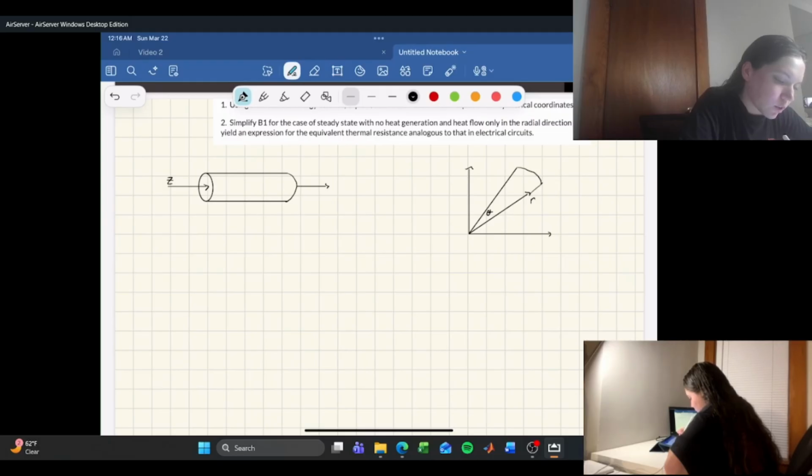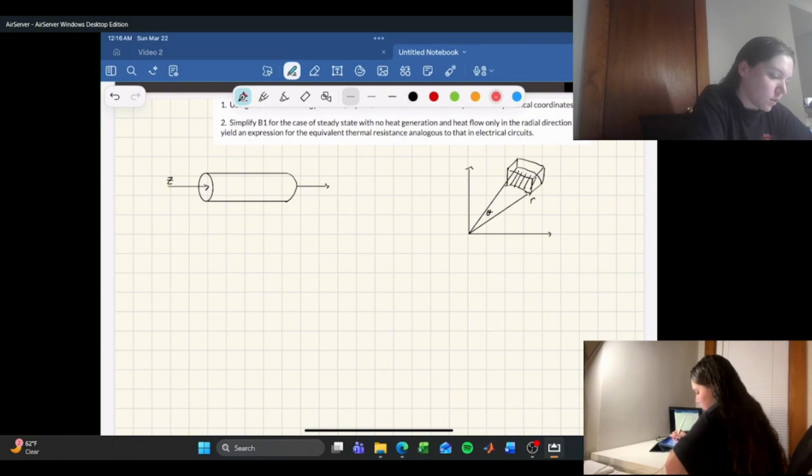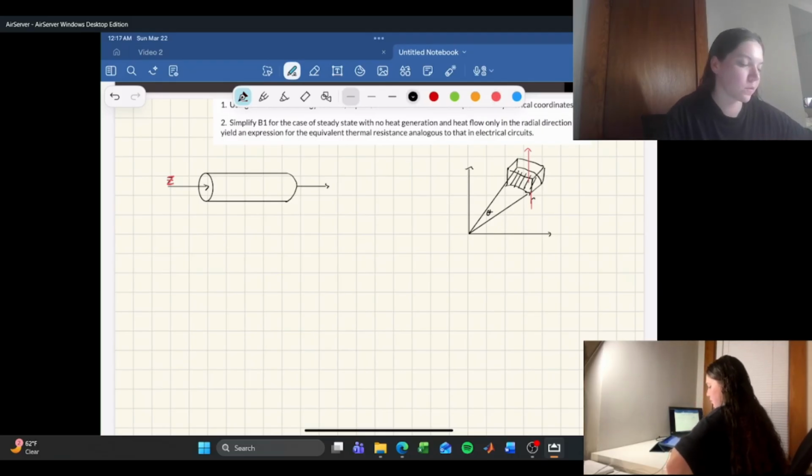And so it's going to be like a shaded region, and this z-axis is what's going through the surface. That's kind of the axis that we're looking at for this situation.